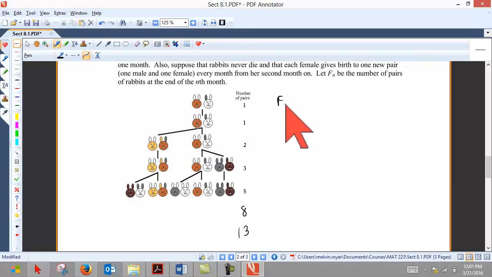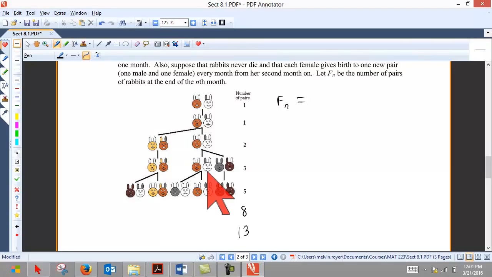So let's see if we can actually write an expression for that. So f sub n, the number of pairs of rabbits at the end of the nth month. Well, these rabbits never die. Immortal rabbits, it's a scary thought.